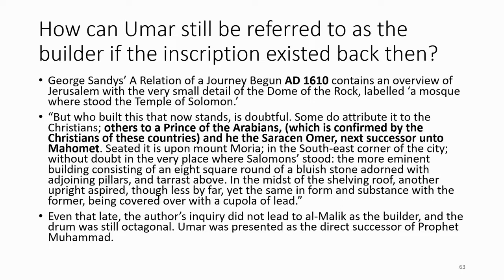And he, the Saracen Omar, the next successor unto Muhammad. Seated it is upon Mount Moriah in the southeast corner of the city, without doubt, in the very place where Solomon's stood, the more eminent building consisting of an 8 square round of bluish stone adorned with adjoining pillars and terraced above."